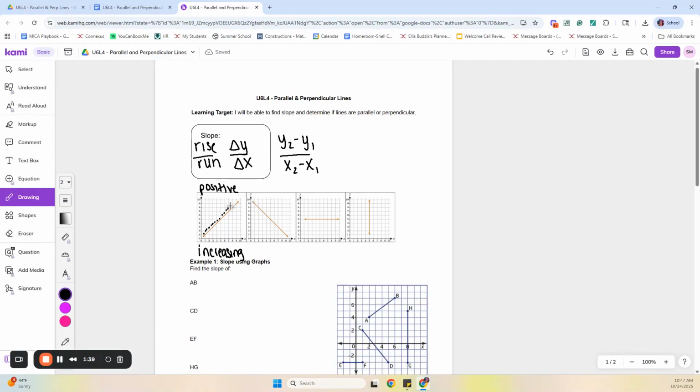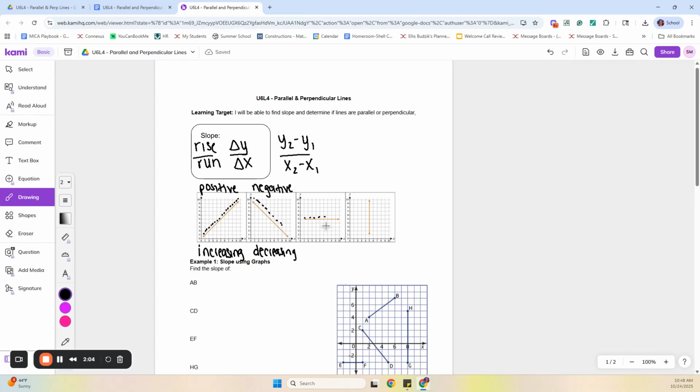Now at this point, I climb, and then all of a sudden I'm dropping. I'm falling on my roller coaster. I'm going downhill. So this one, because I'm going downhill, we are decreasing or have a negative slope. Now, at this point, if you're on a roller coaster, you're just cruising, right?